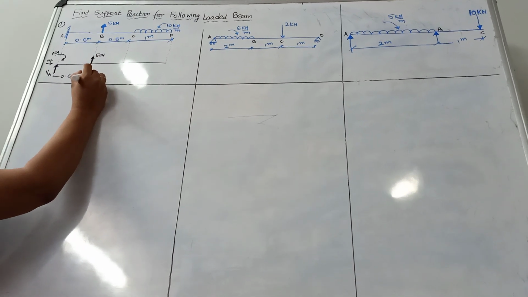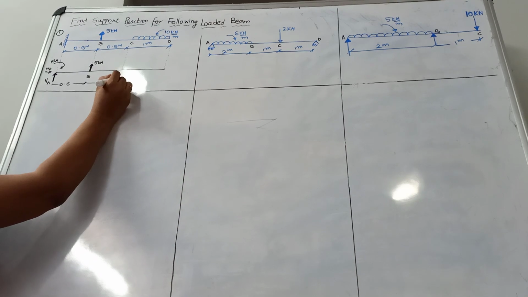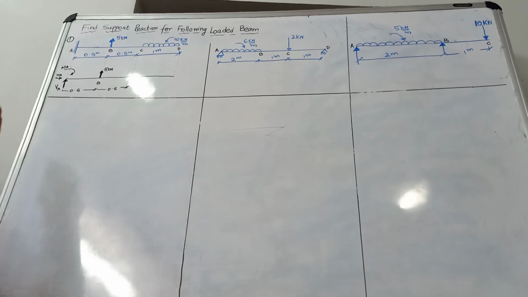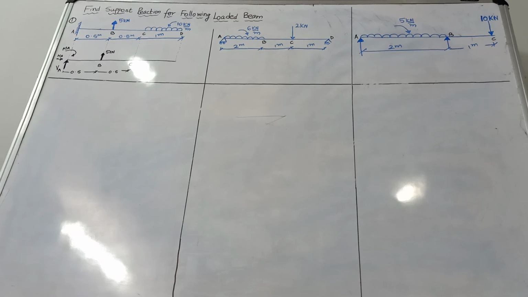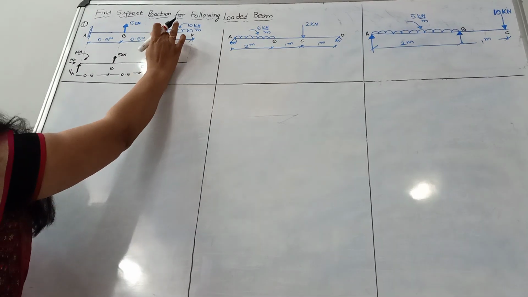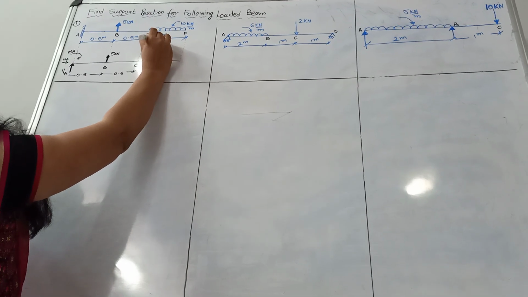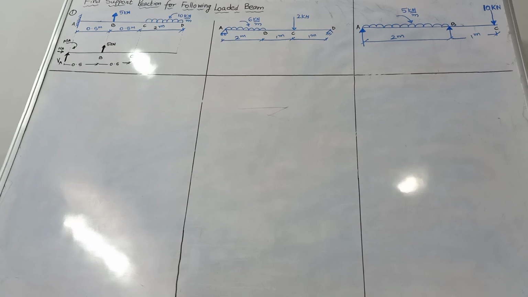Then again at a distance of 0.5 we reach point C, and we have a UDL from C to D. When we have a UDL, we convert it in terms of a point load.